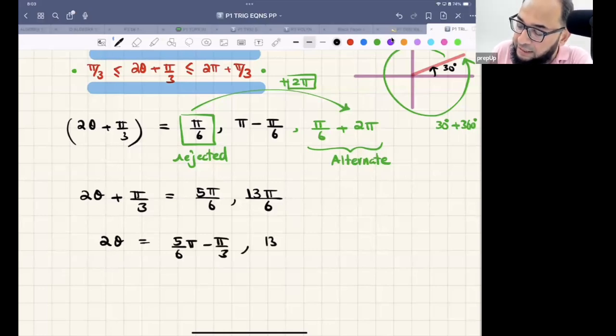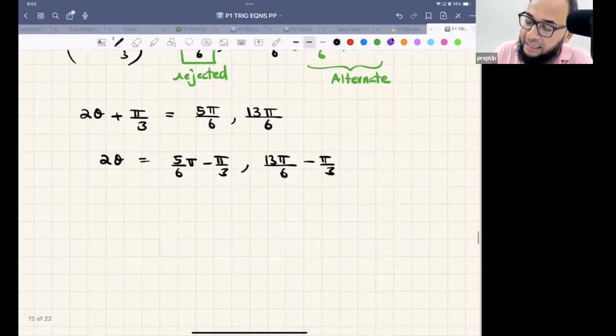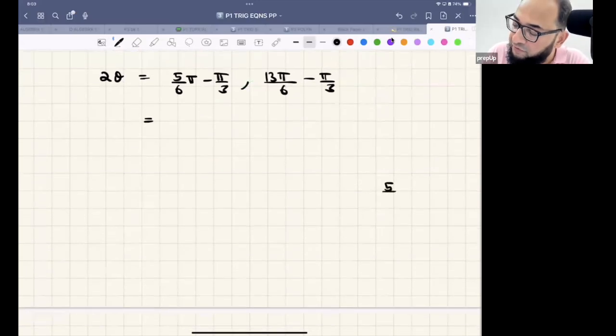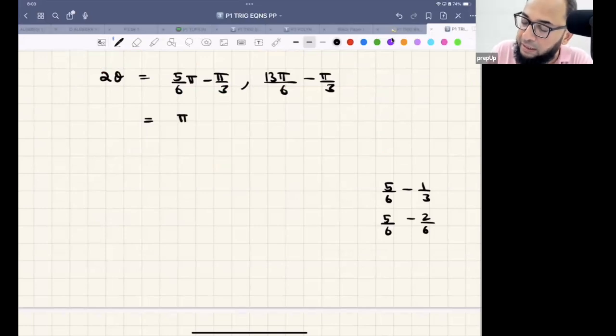This is 13 pi by 6 minus pi by 3. Let me first simplify this. 5 over 6 minus 1/3. That is 5 over 6 minus 2/6. That is 3 over 6, which is half.